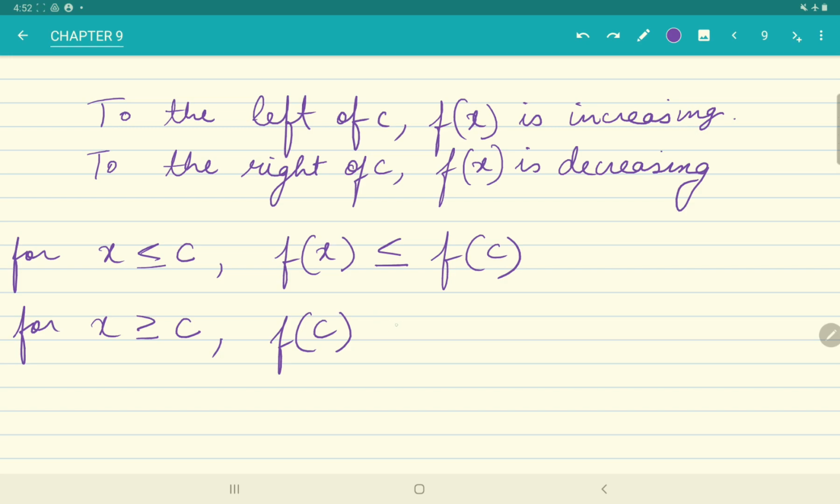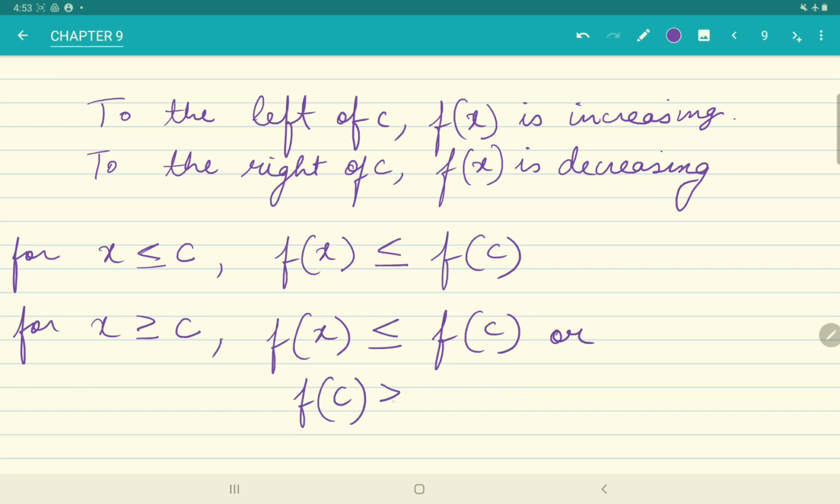So I can write in this case, because when we are to the right of c, x greater than equal to c, f of x is decreasing. So for x greater than equal to c, f of x is less than equal to f of c. Or I can write f of c is greater than equal to f of x.